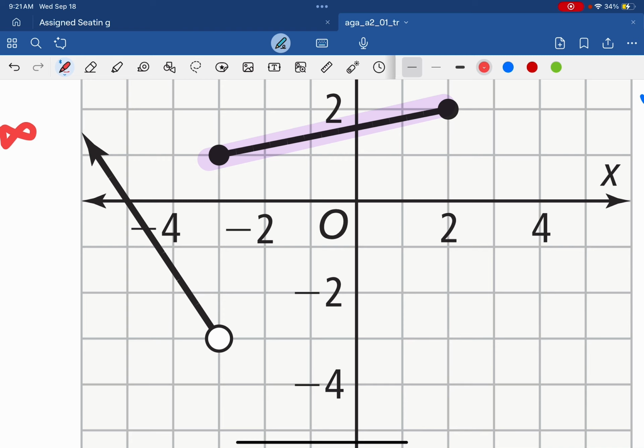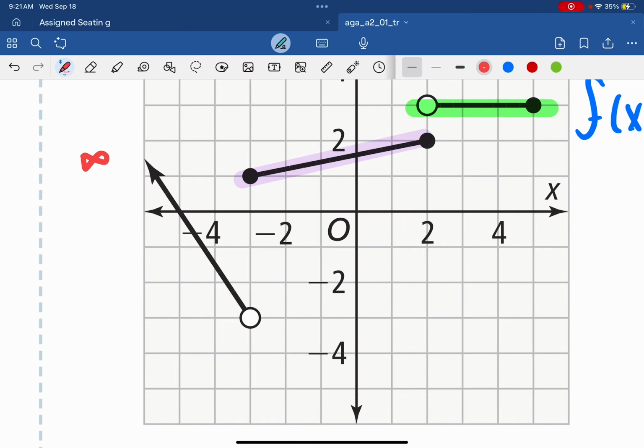Okay. So to figure this out, I can look at this and determine my slope. Remember that your slope is rise over run.